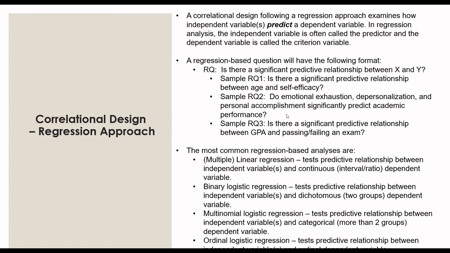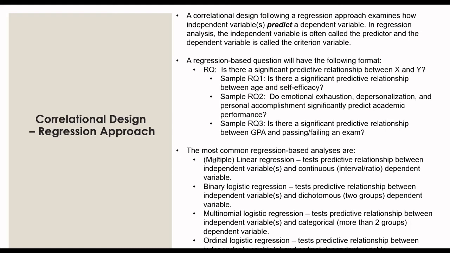From those, you can determine what type of analyses you're going to use. And for a regression, it is always based on how your dependent variable or criterion variable is measured. So first we have a linear regression or a multiple linear regression. If you see just a linear regression without the multiple, it means you have one predictor predicting a criterion variable.